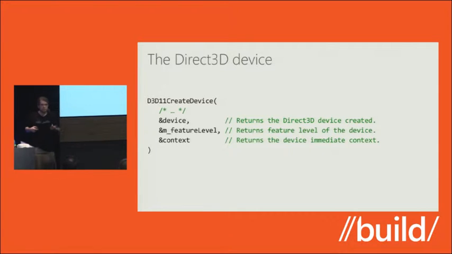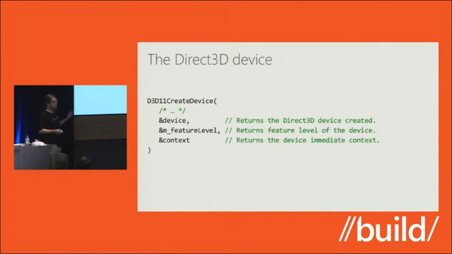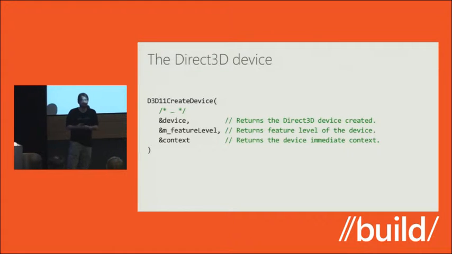So the Direct3D device is initialized using this function call, the D3D11 create device function call. What that gives you out is the device structure and the context structure. You can use the device structure for things like doing initialization, creating your shaders, your pixel shaders, creating your vertex shaders, all that good stuff.